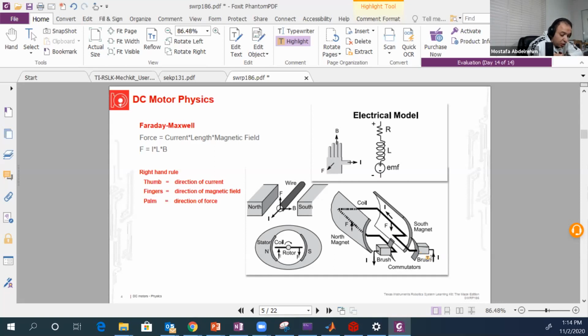Since this wire is rotating, we also need something that touches the wires. These two brushes are just touching the wire.